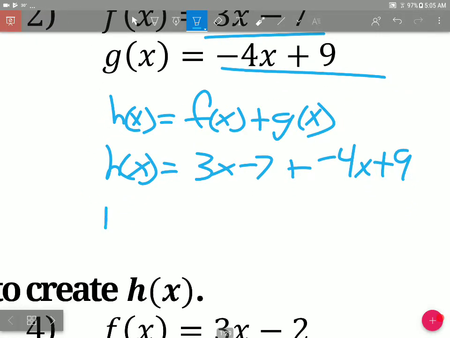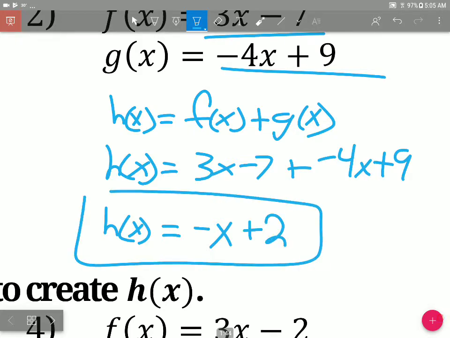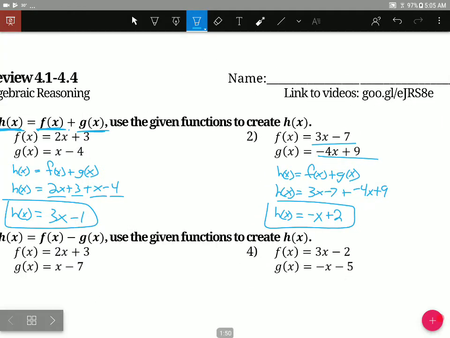So your h of x equals, I've got a 3 and a negative 4, which makes negative x. And a negative 7 and a 9 make 2. And that's your answer. I know. Massively difficult. So those are the adding ones.